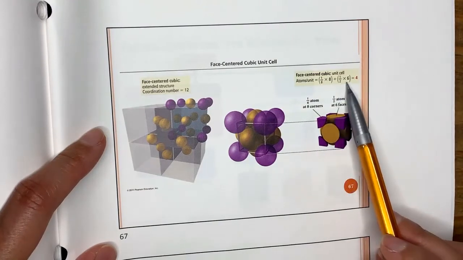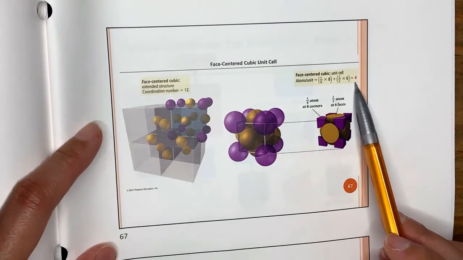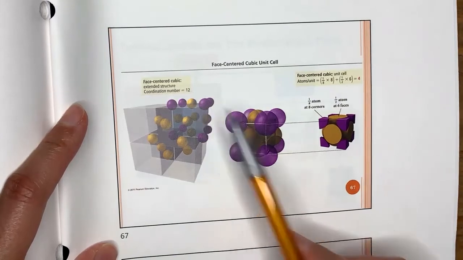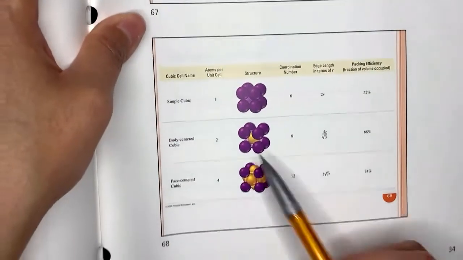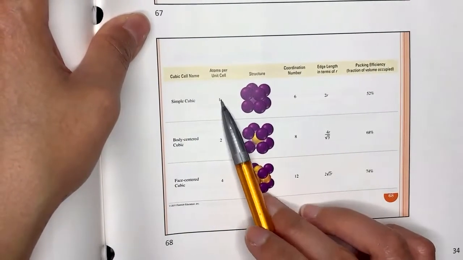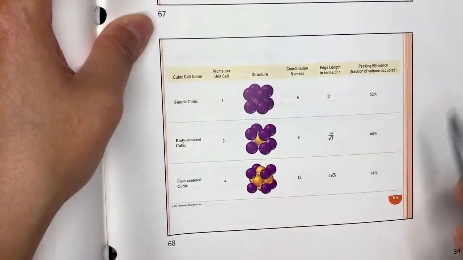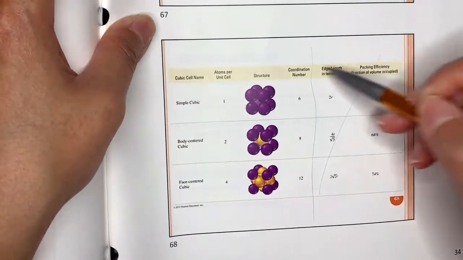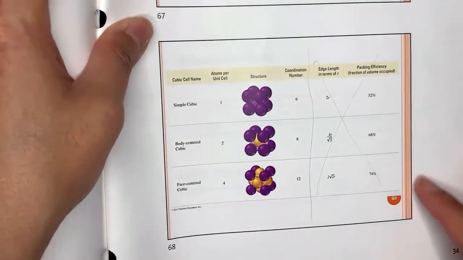So you have 3 plus 1, you get 4 atoms inside the unit cell, and the coordination number for this guy is 12. So here's a summary of it. So you gotta remember what it looks like, how many atoms per unit cell, and the coordination number. You don't need to worry about these terms in the back here. Just like this stuff, you don't need to worry about, okay?